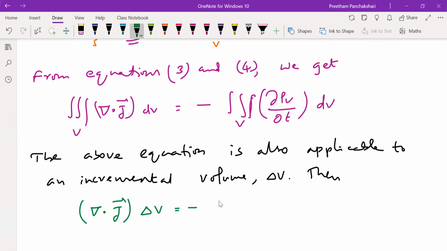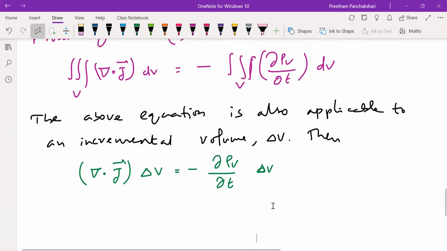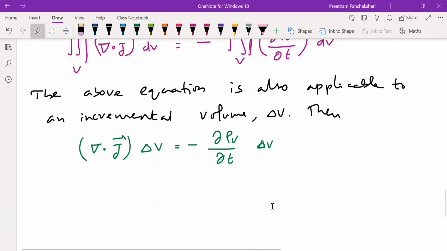Now the right side becomes dou rho V by dou t into delta V. So this is the continuity equation applicable to an incremental volume.